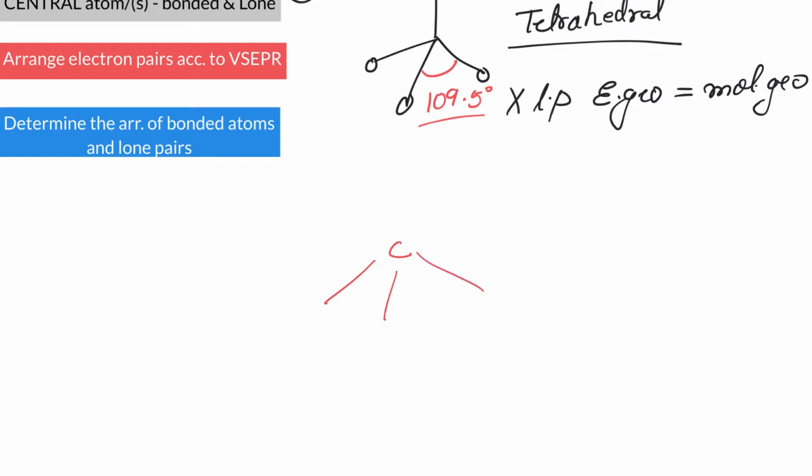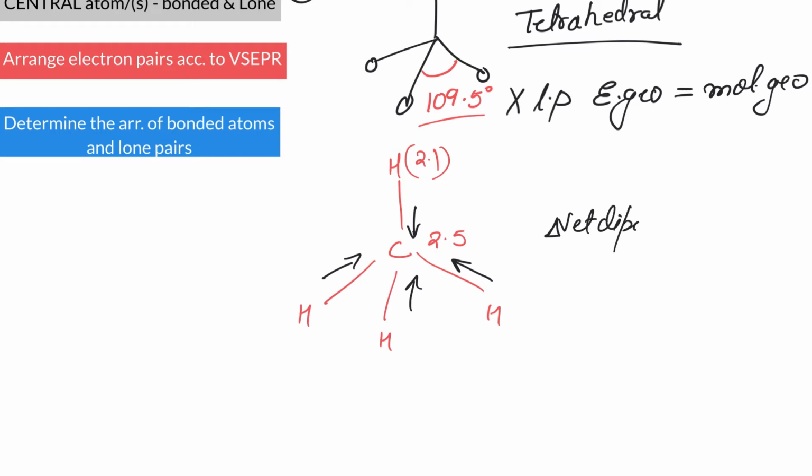We know for sure that there is a difference of electronegativities here, right? Carbon is around 2.5, hydrogen is around 2.1, but the bonds are placed in such a geometry that they cancel out, right? And hence the net dipole equals 0.